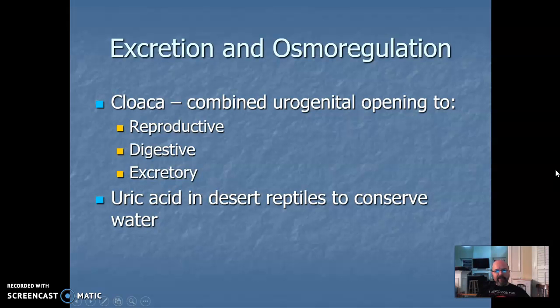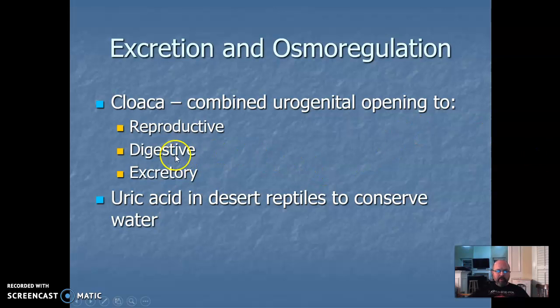Uric acid in desert reptiles is sometimes released to conserve water. Basically, it's similar to what you would see when a bird poops on your car or something like that, and you see both a white liquid material and then a solid brown lump in the center.